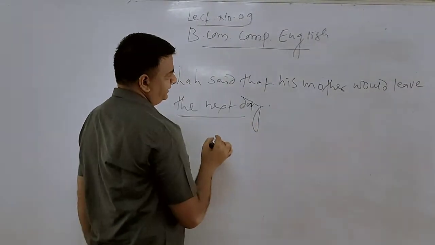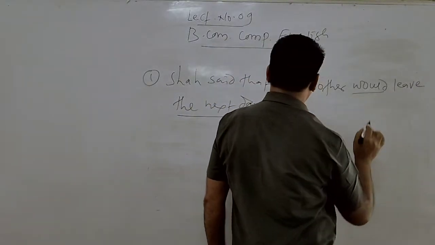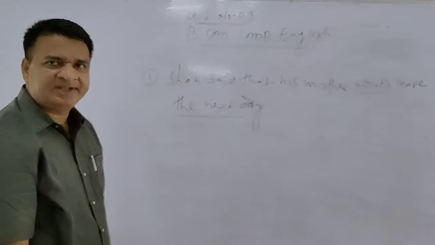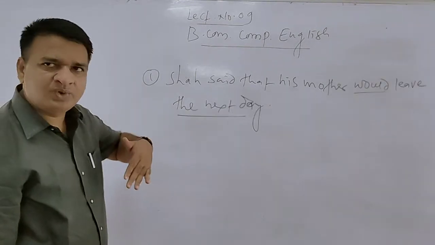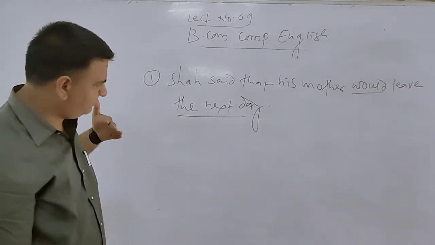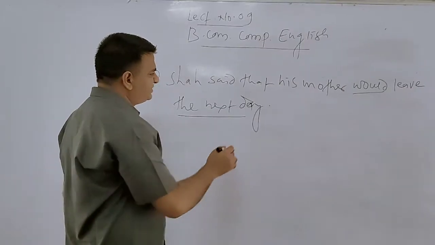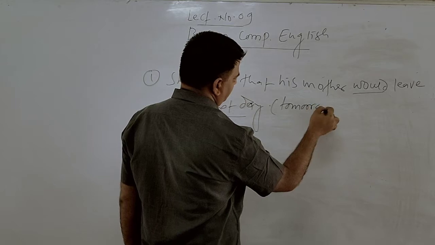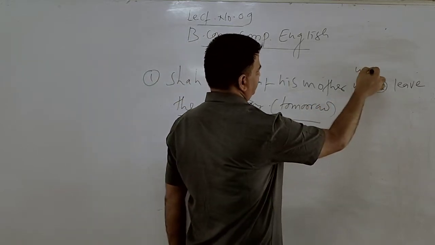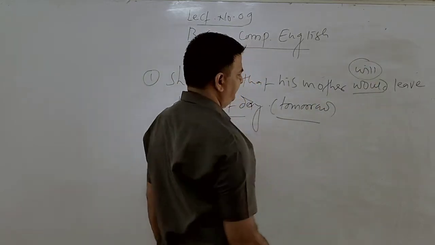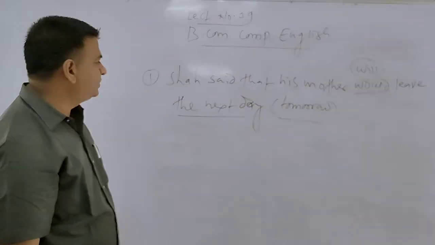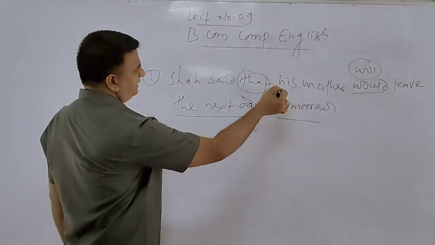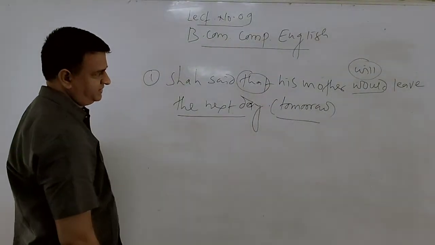For 'the next day' and 'would', we have to bring the changes and take them back to the previous placements. 'The next day' is a change of 'tomorrow', and 'would' is the base form of 'will'. So we have to come back. So Shah said, we have to again remove that and connect the sentences.